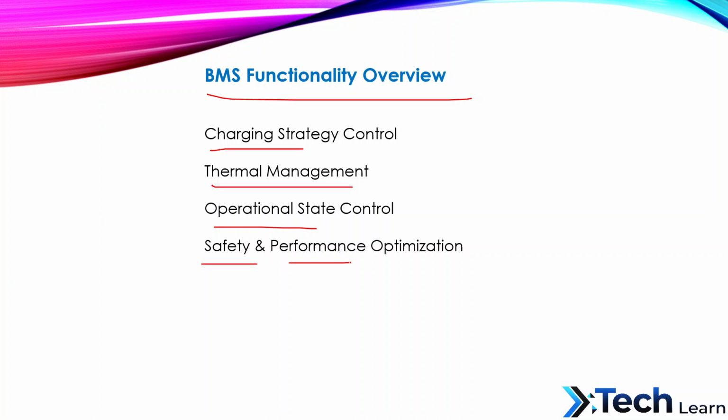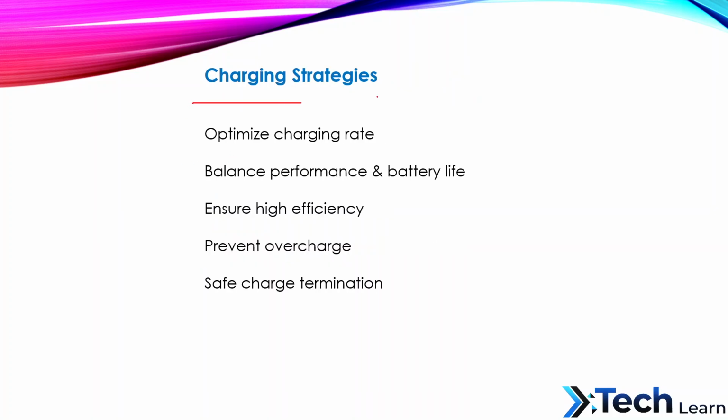Now we are going to see the charging strategies used, where the BMS must carefully decide how the battery should be charged. Charging too fast improves availability but may reduce the battery life. Charging too slowly improves the longevity but reduces system performance.